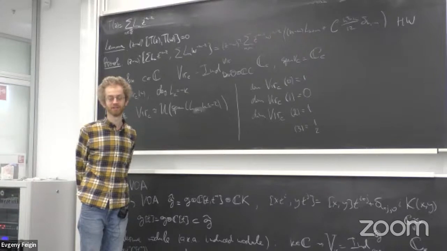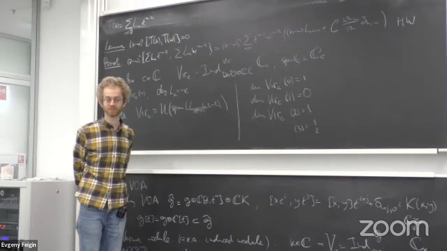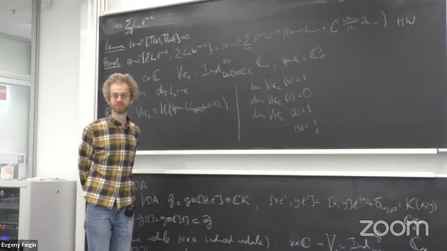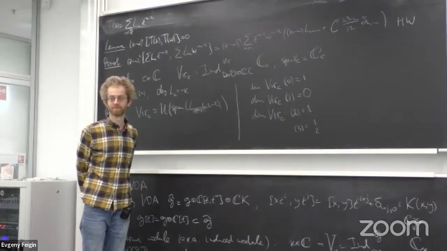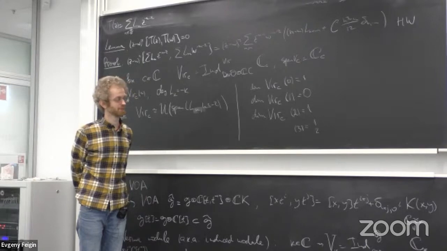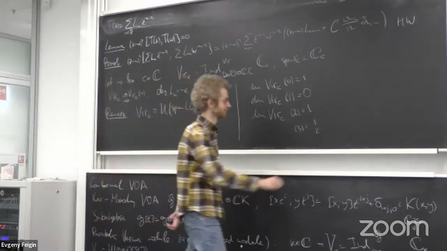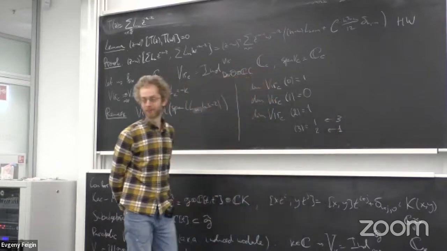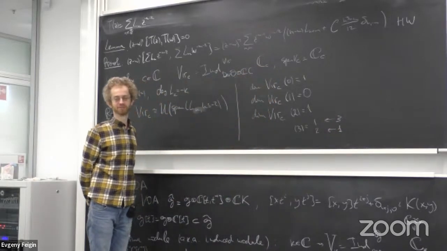Okay, 2 votes for 1 and 1 vote for 2. What about other votes? Okay, 3 votes here and 1 vote here. So Slava, what do you think?